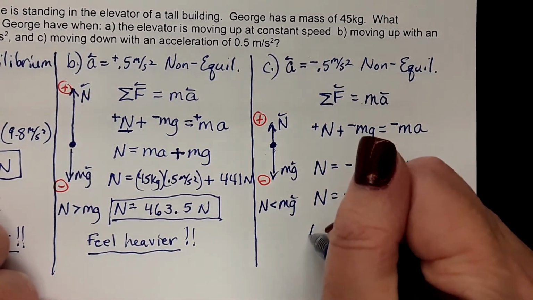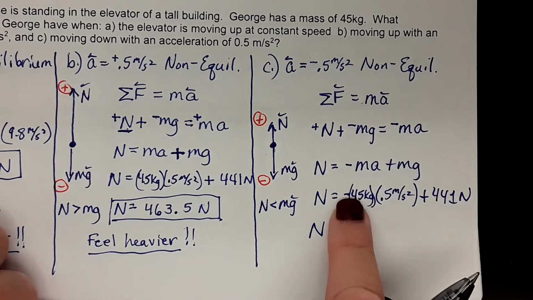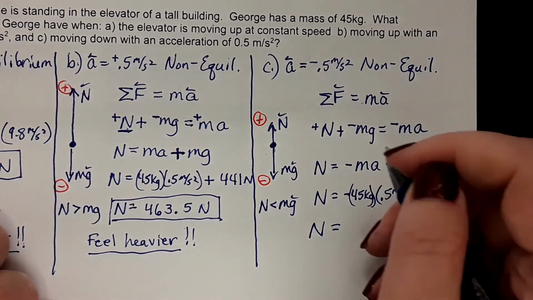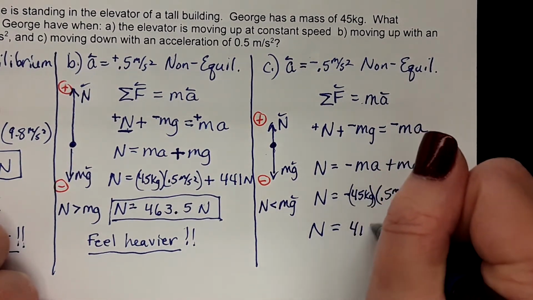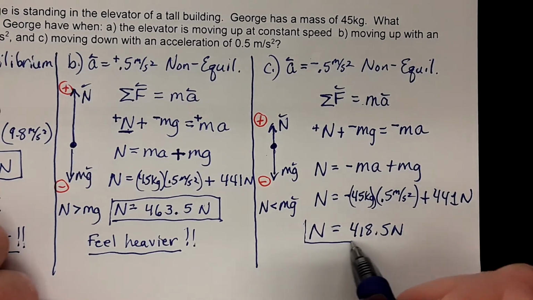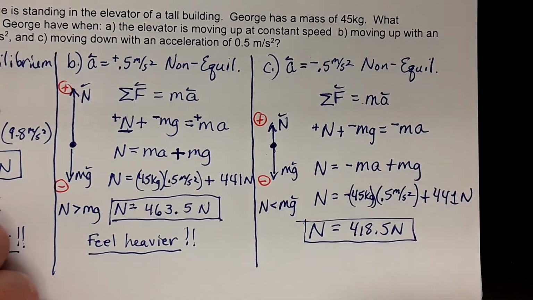And now you end up subtracting these two instead of adding because of that negative. You end up with a value that's smaller than 441. In fact, it's 418.5 newtons. If you wanted to round to 419, that's okay. All right, so now George's apparent weight is less than the true weight.